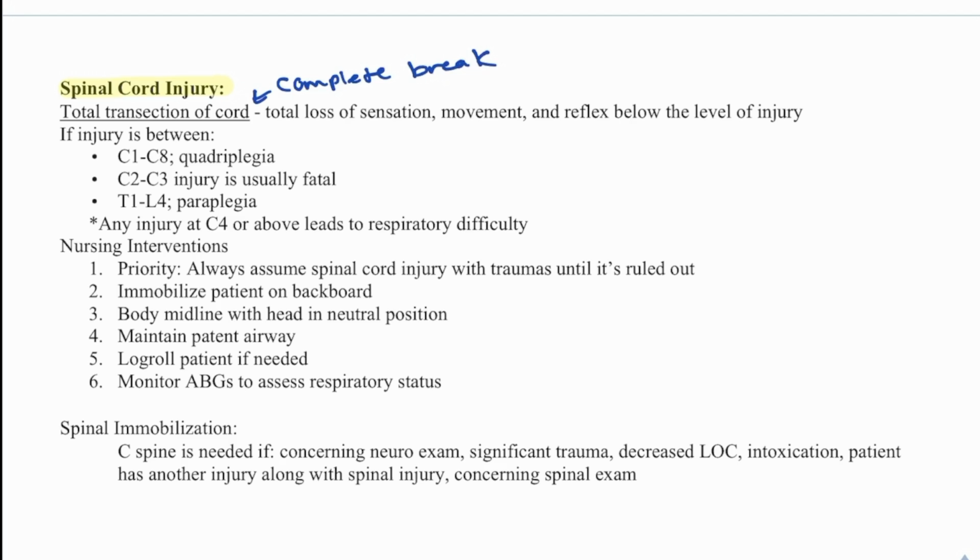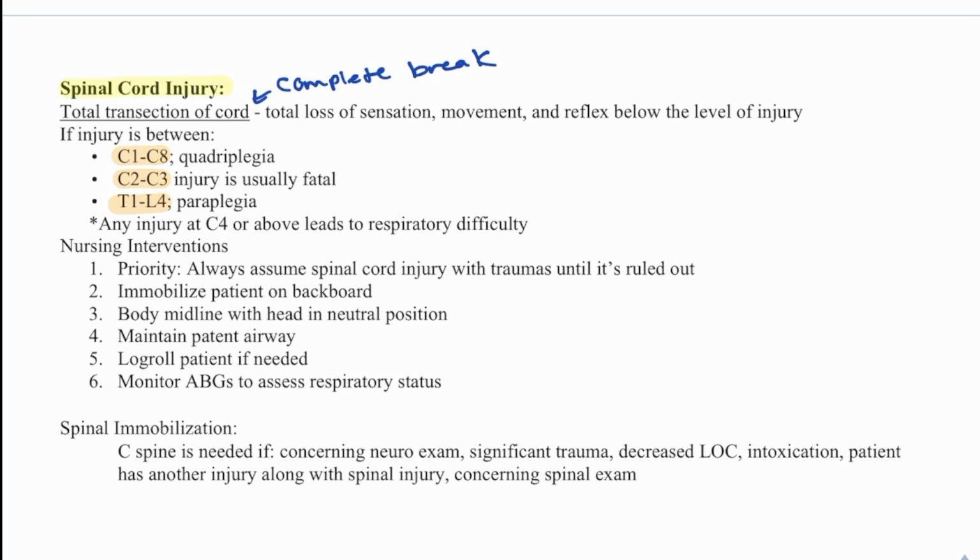If the injury is between C1 and C8, we can have a quadriplegic. If it's C2 and C3, the injury is usually fatal. And any injury between T1 and L4 can be paraplegia. Any injury C4 or above can lead to respiratory difficulties.